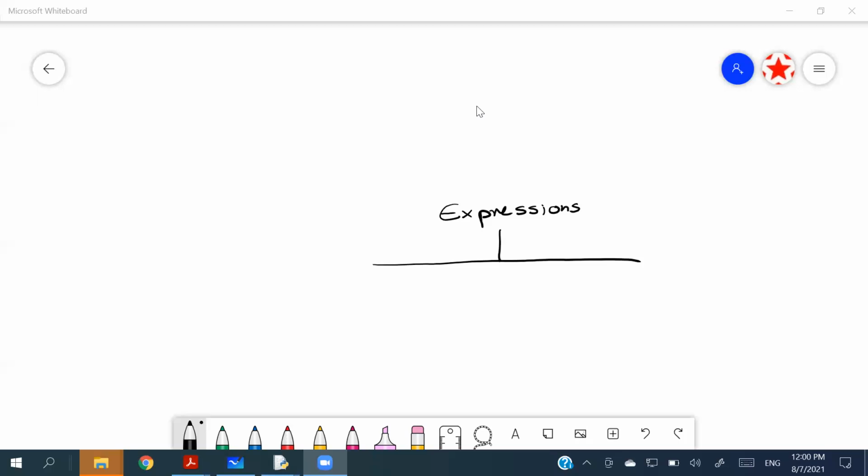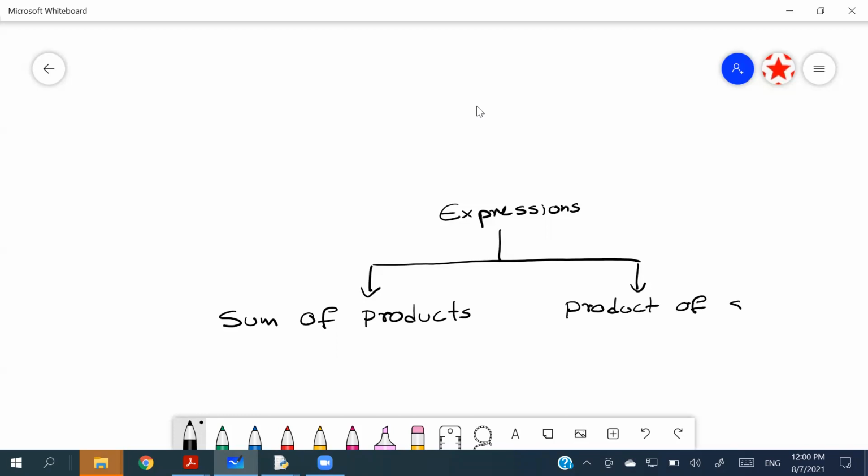Right, sorry for that, people. So there are two types of expressions, which we call sum of products and product of sums.